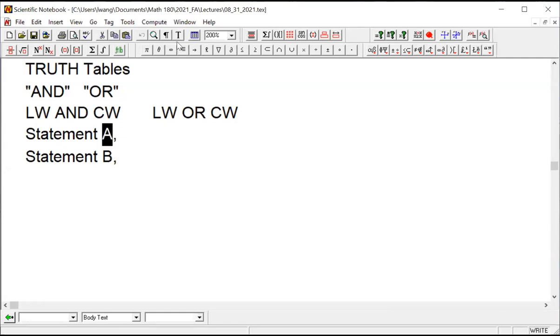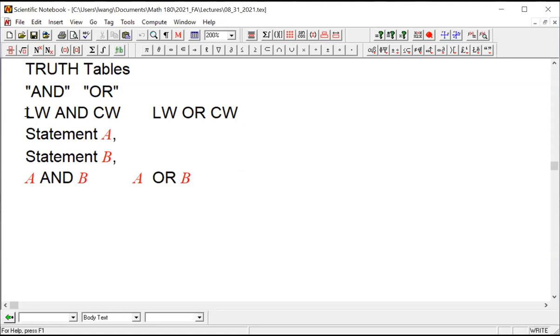So we have statement A and we have statement B. But we can also make a composite statement. We can say A and B. And we can also say A or B. Do you guys see that?